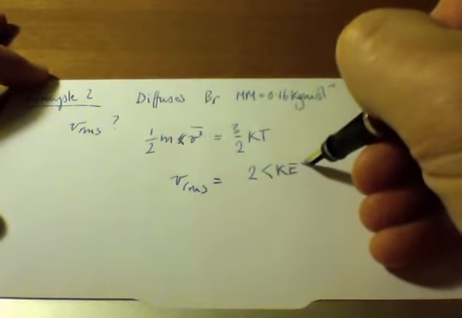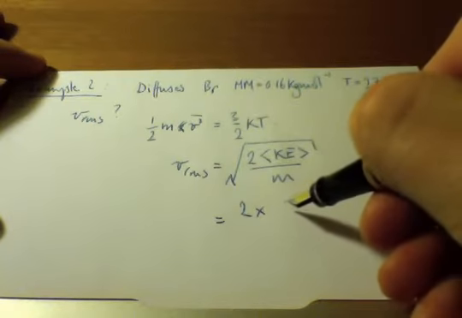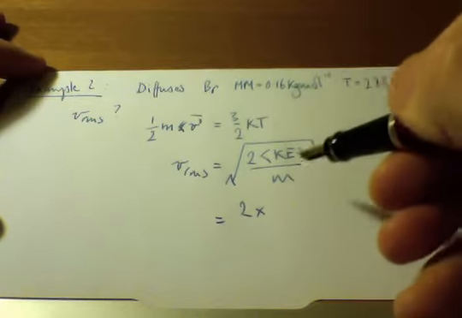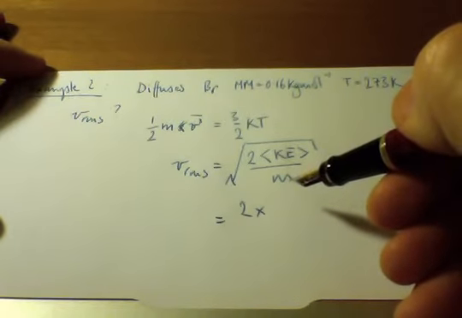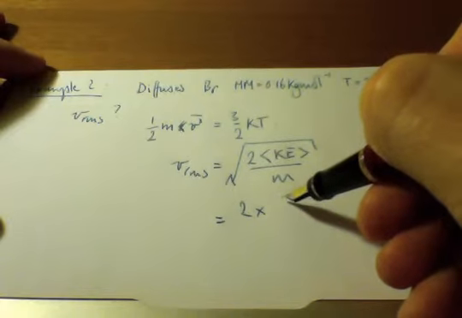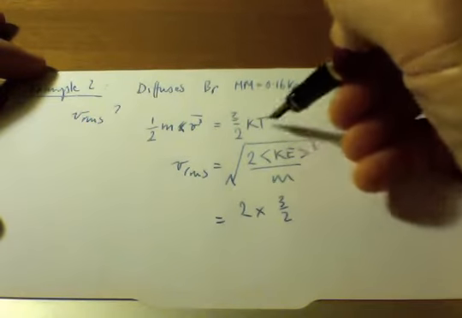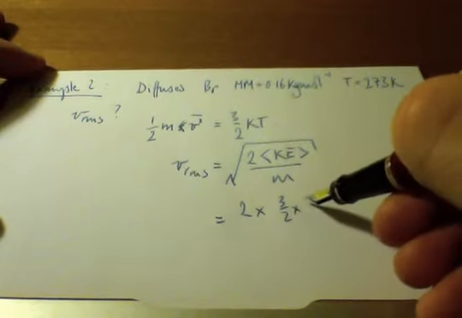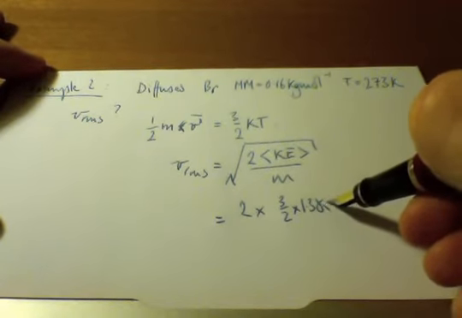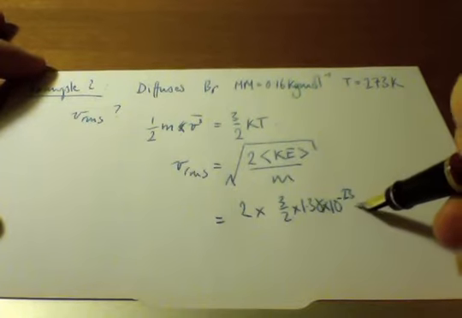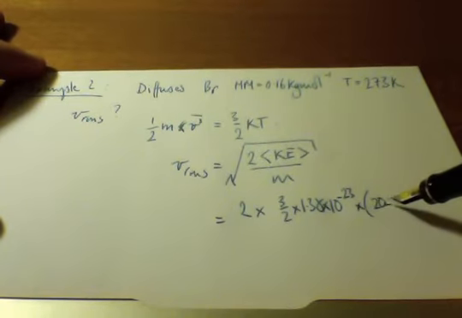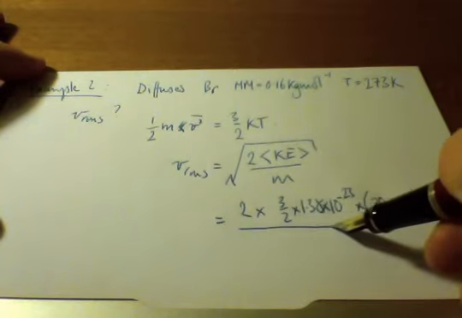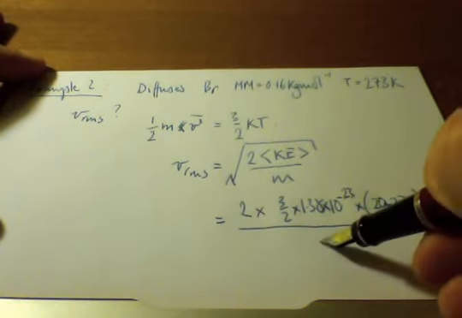Not as easy as it first seems, but let's go for that twice. That's right, we're going to do twice the kinetic energy, so 3/2 times the famous Boltzmann constant times the temperature, and divide that by the mass.